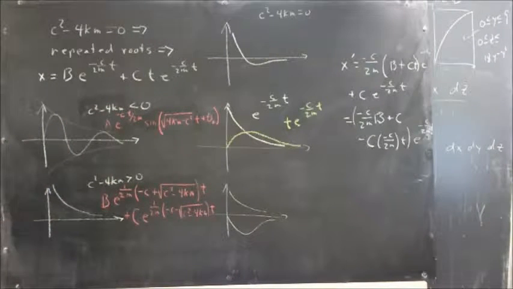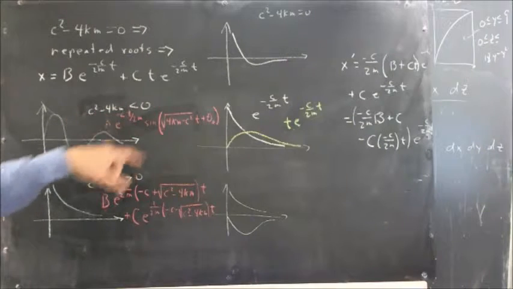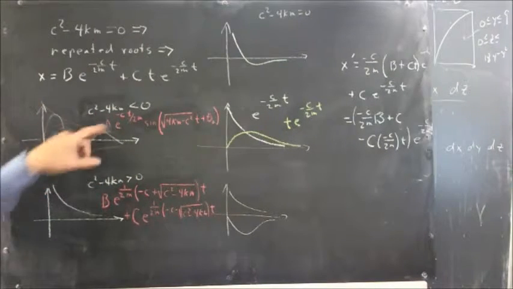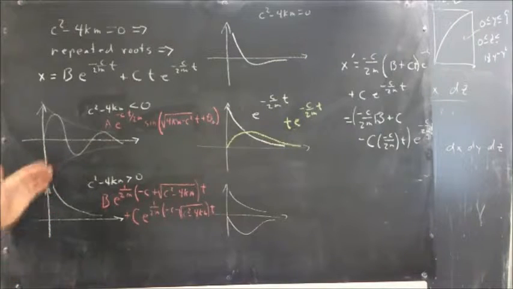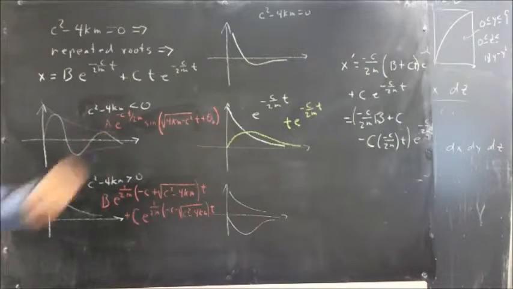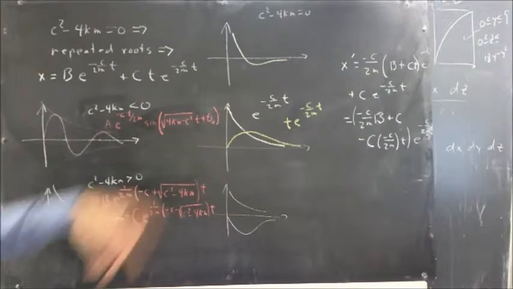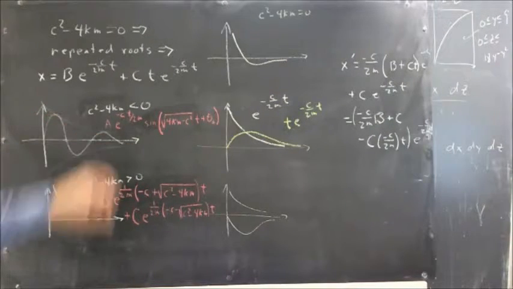How does that solution behave? Well, e to the negative ct over 2m, let's say this curve, is a decreasing exponential, asymptotic to the axis. The sine or cosine term, of course, is oscillatory.